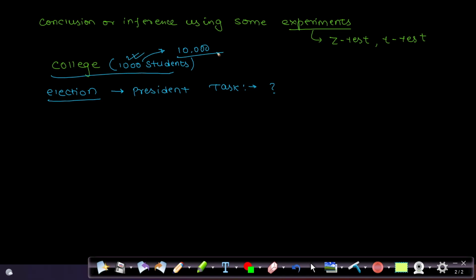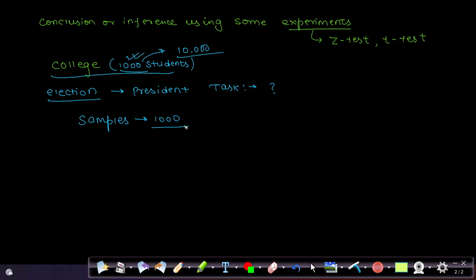Then is it possible? No, of course not. So instead, you will take some samples from all these students.